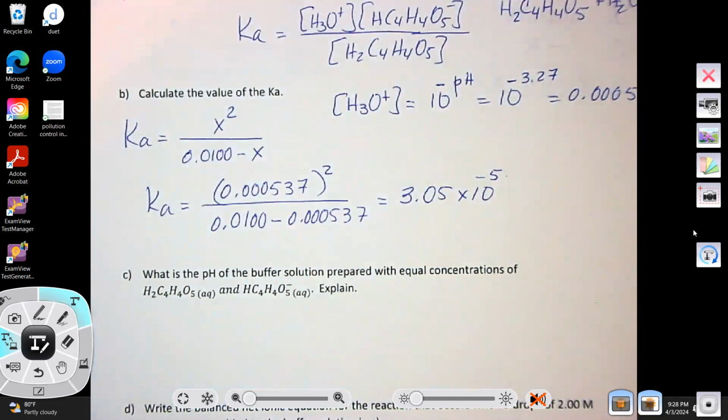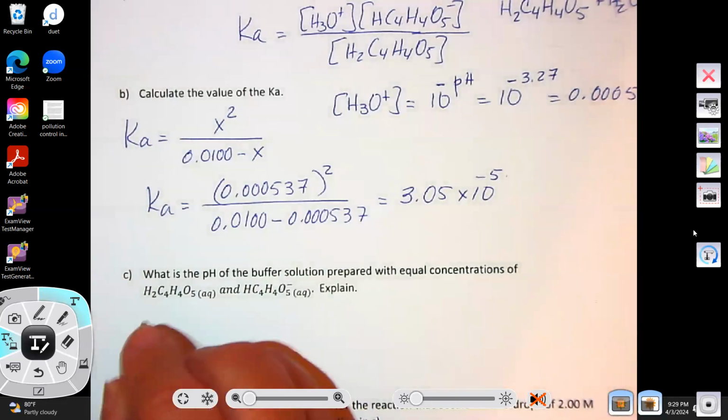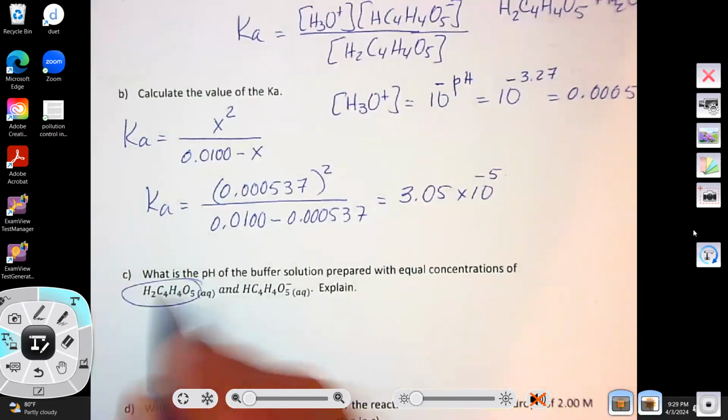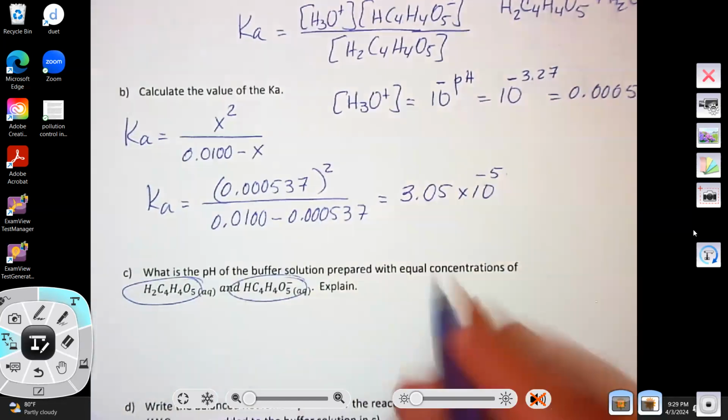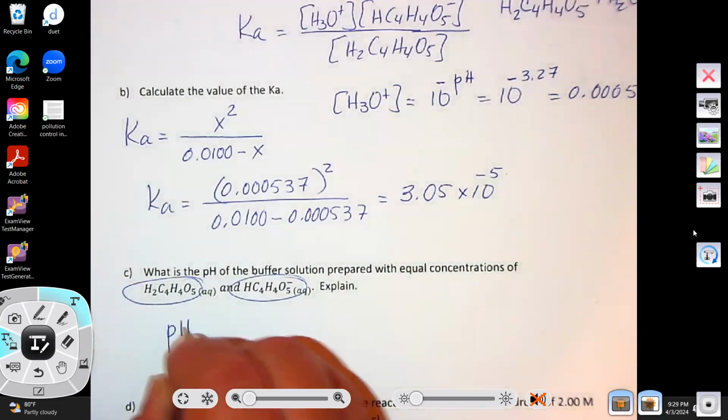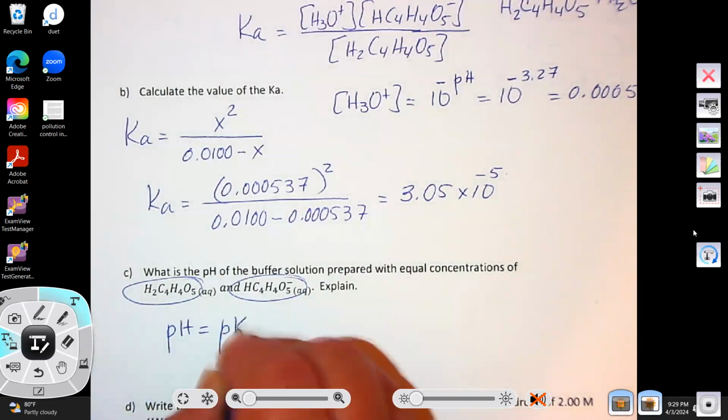Question C says, what is the pH of the buffer solution prepared with equal concentrations of malic acid and the conjugate base? Explain. So, how do we find the pH? Remember that if you have equal concentrations of these, your pH is going to be equal to your pKa.